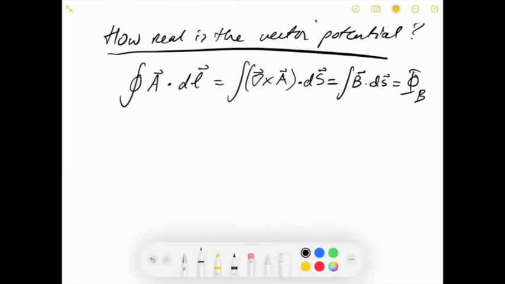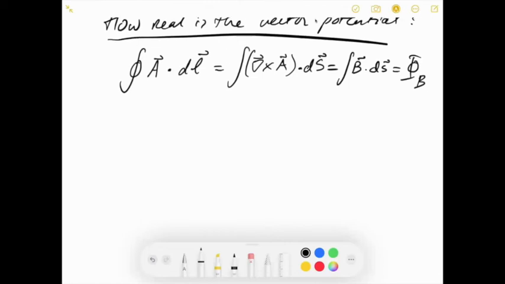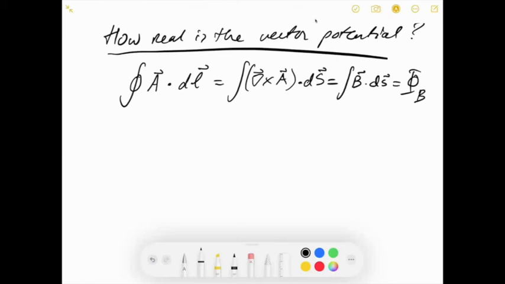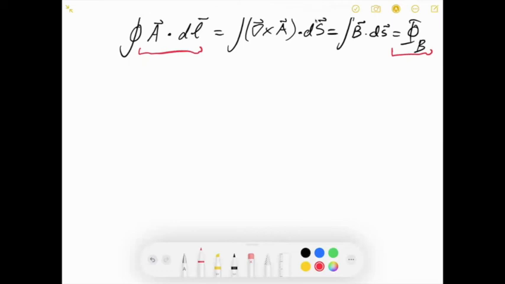So that's interesting. So you can take the line integral through A, some kind of a vector potential, and it's going to be equal to the magnetic flux that is poking a hole in that surface.